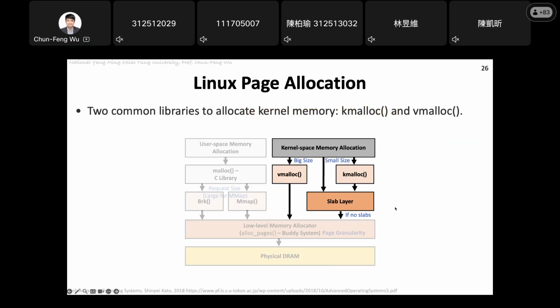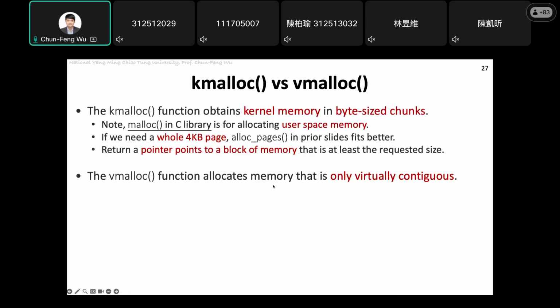Okay. And then vmalloc is like this. It allocates memory that is only virtually contiguous. Okay. So it requires a page table to maintain a mapping between virtual and physical addresses. The reason I say virtually contiguous is that if you want, for example, 40 kilobytes, then you have 10 4-kilobyte pages.